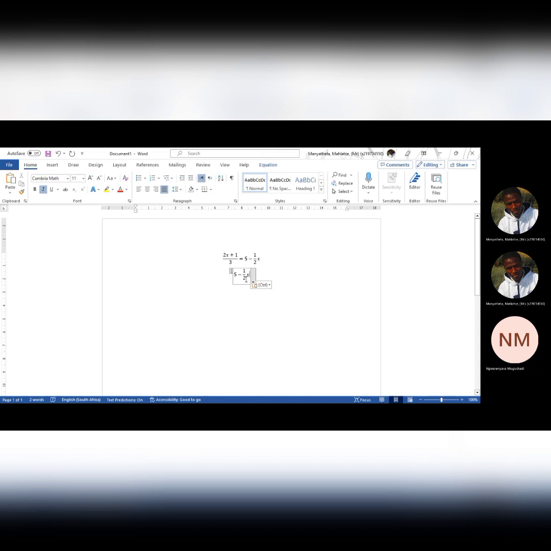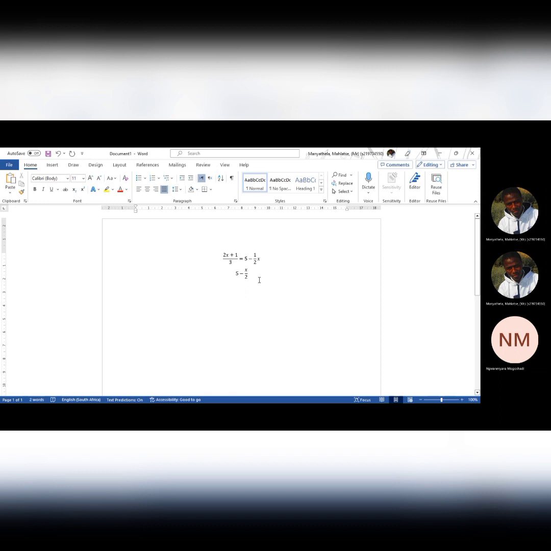Multiply this whole thing, the 5, to get 2 again. Then it becomes 5 minus x, because 1 x over 2 is the same as half x.